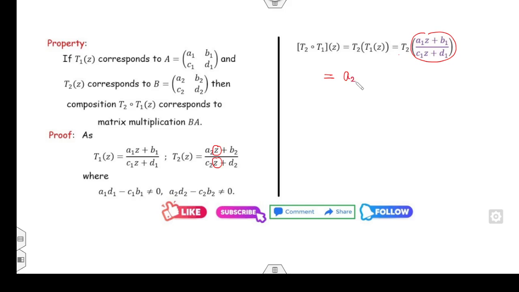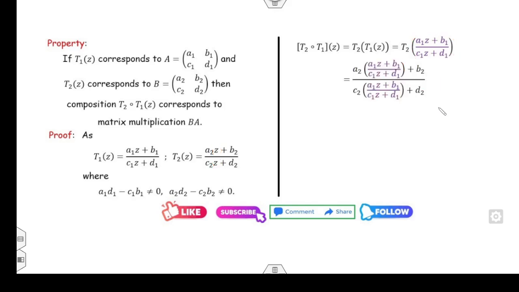That becomes A2 times (A1 Z + B1) divided by (C1 Z + D1), plus B2, divided by C2 times (A1 Z + B1) divided by (C1 Z + D1), plus D2.